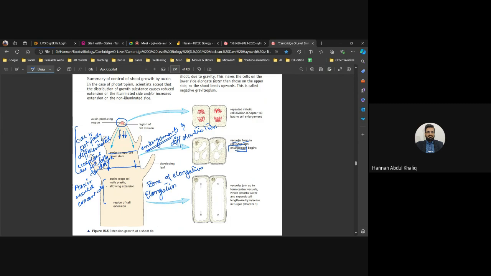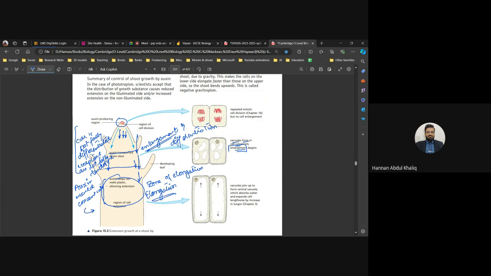So as the cells moved downward, they differentiate. They would differentiate along the way. The auxin would start working in this region, which is called the zone of elongation. And when the cells would receive the auxin, they would elongate.